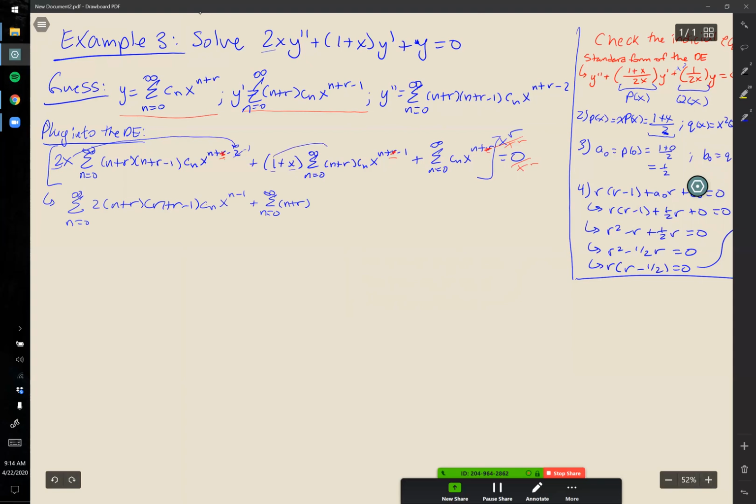I want to get 2 series out of here, so it's going to be this series. If I just move in the 1 here, I get the series with n minus 1. Now, if I do this series where I have the x going in, that's going to raise that up. So it's going to be (n plus r) times cn times x to the n, because that raised it up by 1.